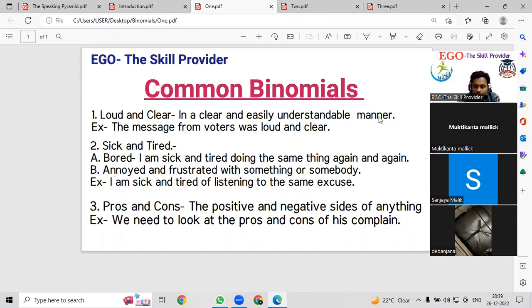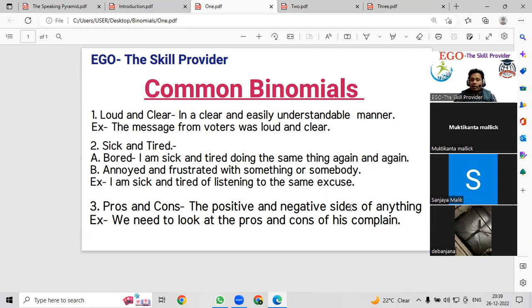Whenever it comes to loud and clear, if I say, guys, do you understand it? Is my voice loud and clear? You can say, yes, sir, it's loud and clear. What do you mean by that? That means something is very clear, transparent. You can easily understand it.